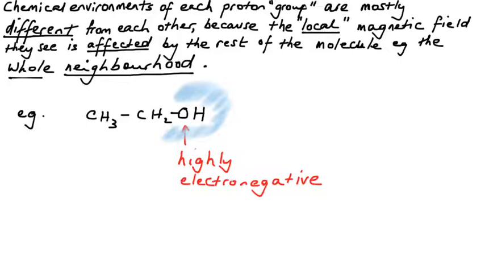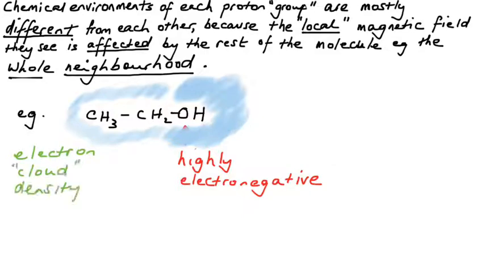Now the oxygen is highly electronegative, so it basically sucks a lot of the electron density away from the rest of the molecule because it's really greedy for electrons, yeah? So what happens is you get a big density of electron cloud around it, delocalized electron cloud, and the rest of the molecule gets sort of short-changed.